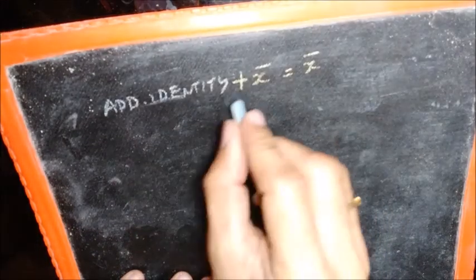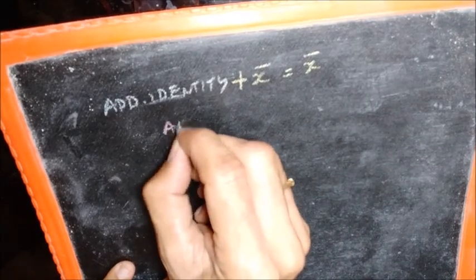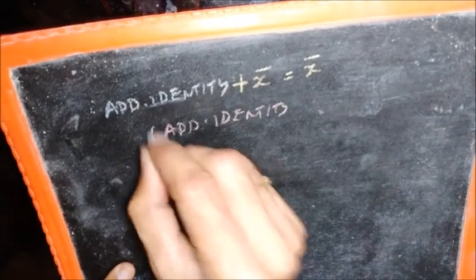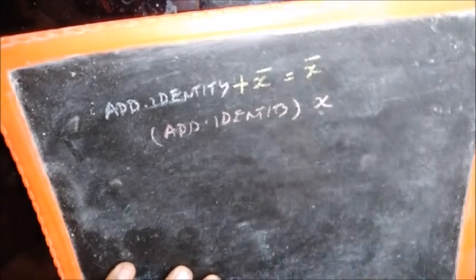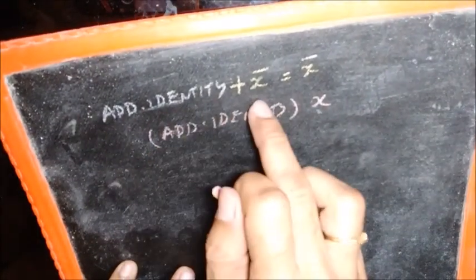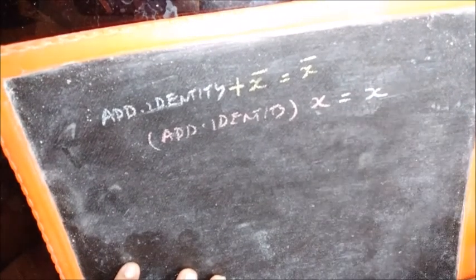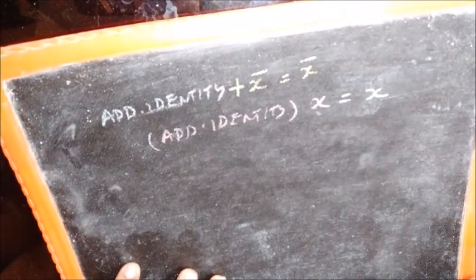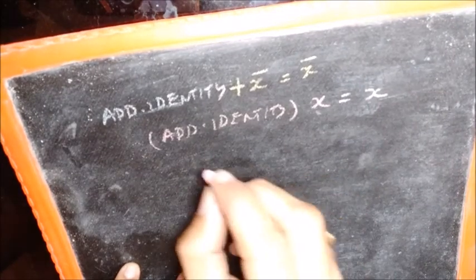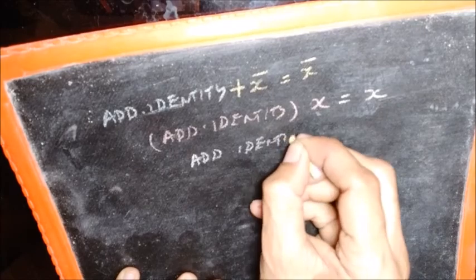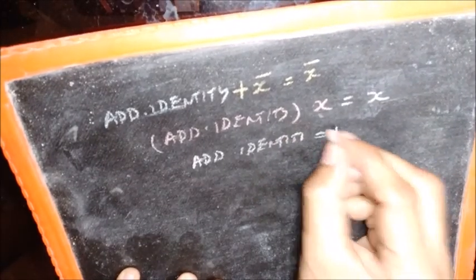Now, the way we have defined vector addition, this will be additive identity into x. Remember that. And this result should give us x itself. That is what an additive identity is, and this clearly says that the additive identity is 1.